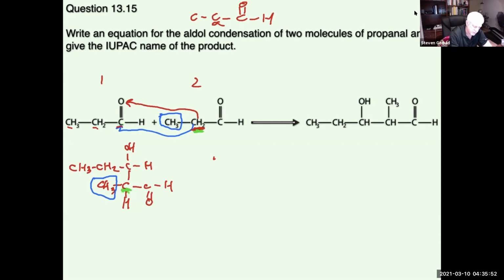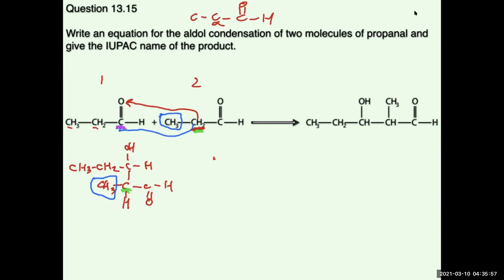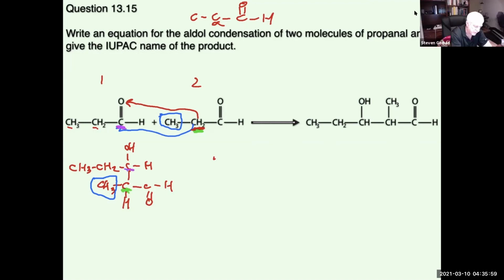Okay, this carbon here, that's purple, is this carbon here. Okay, that's what we've attached. And if I straighten it out, then we get the same product we have on the right side.